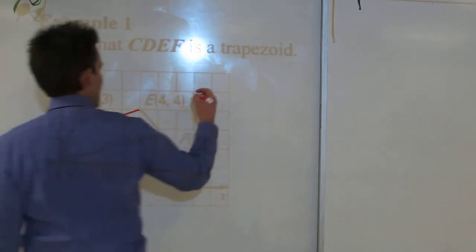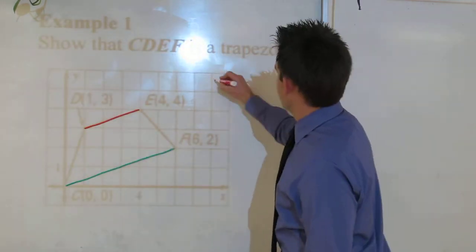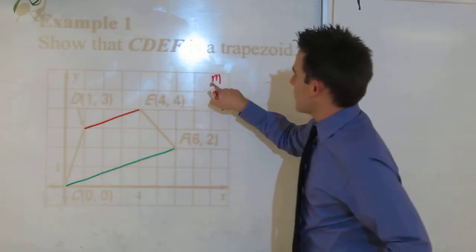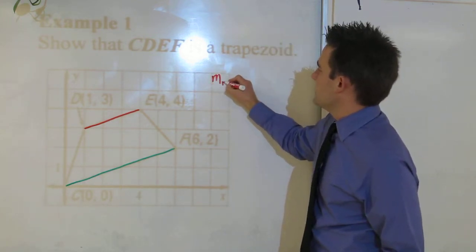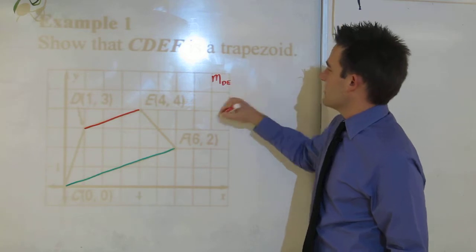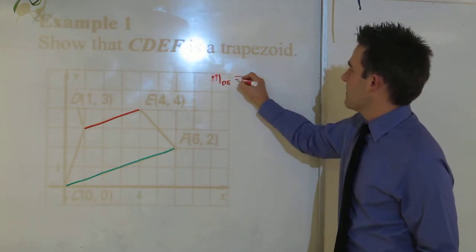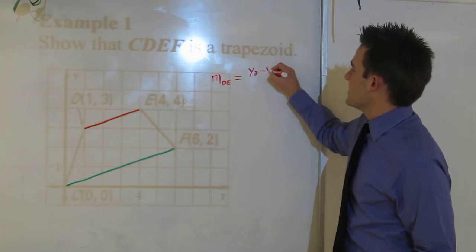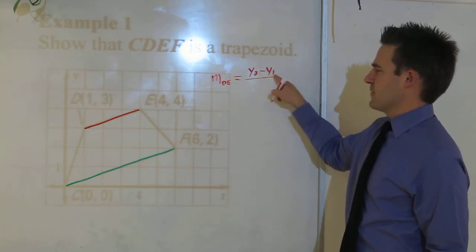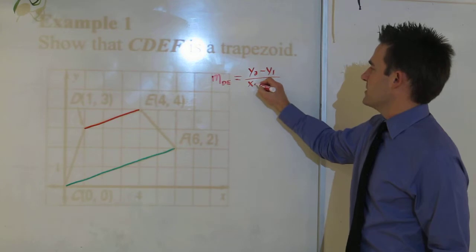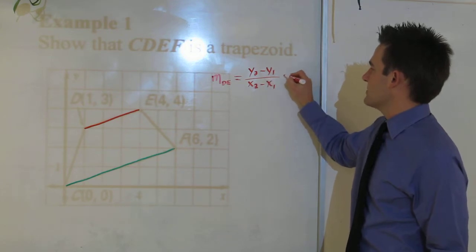We can use the slope formula, and we'll write the slope of DE. So the slope of line segment DE is equal to y2 minus y1, the difference of the y coordinates over the difference of the x coordinates.